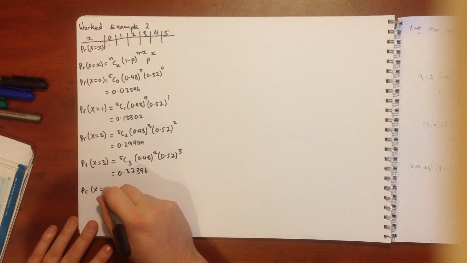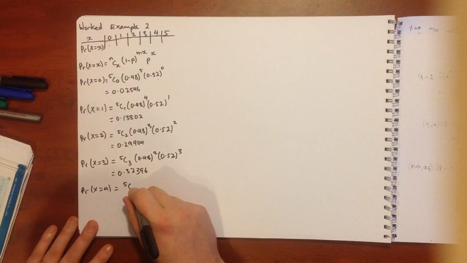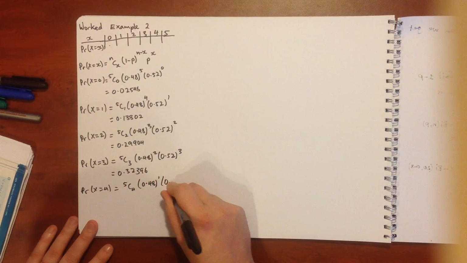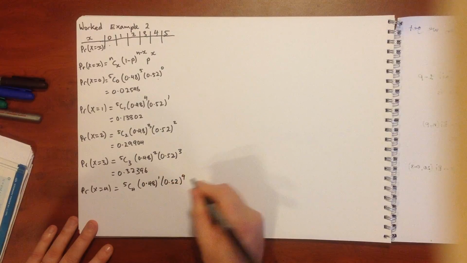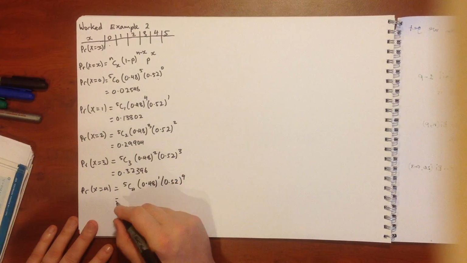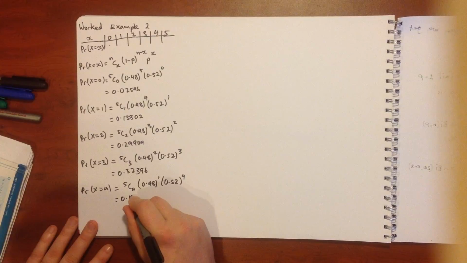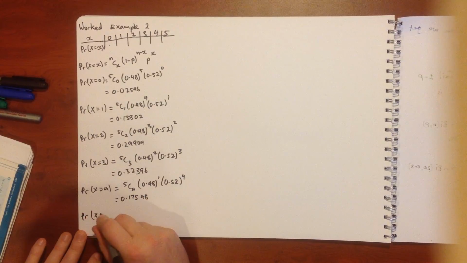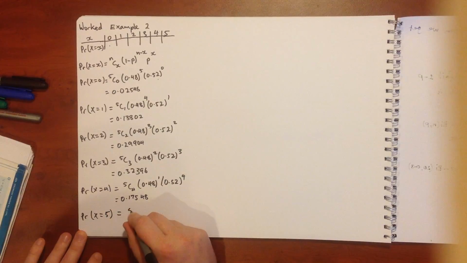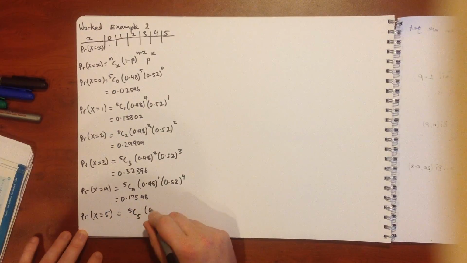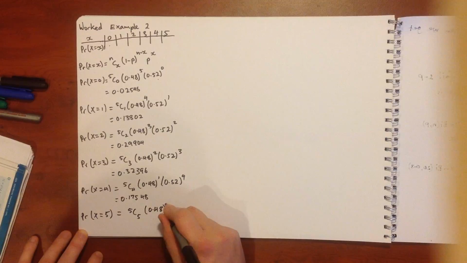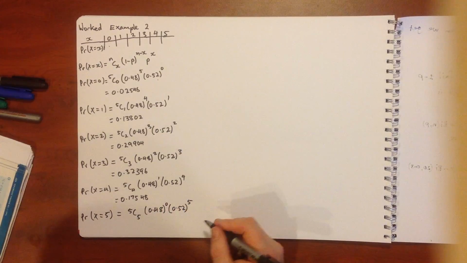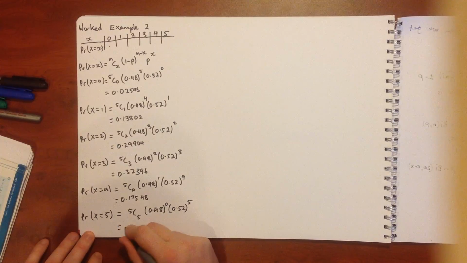The probability that X equals 4 is 5 choose 4, 0.48 to the 1, 0.52 to the 4, which equals 0.17548. And lastly, the probability that X equals 5 is 5 choose 5, 0.48 to the power of 0 times 0.52 to the power of 5. When we do that, we get 0.03802.